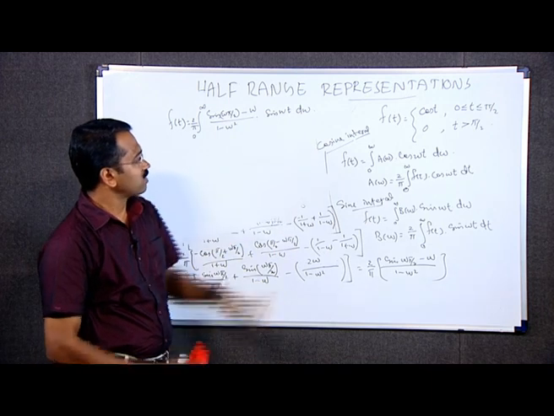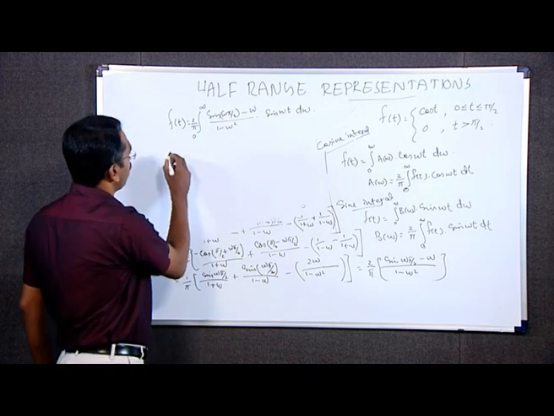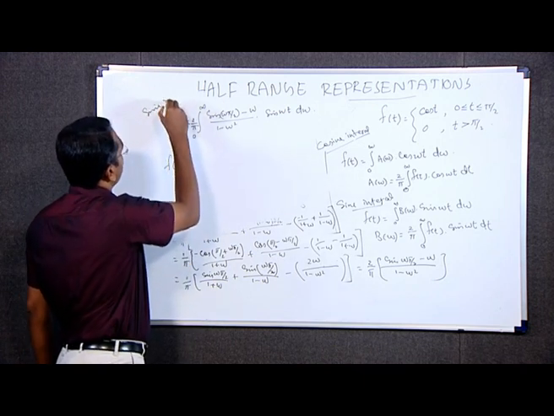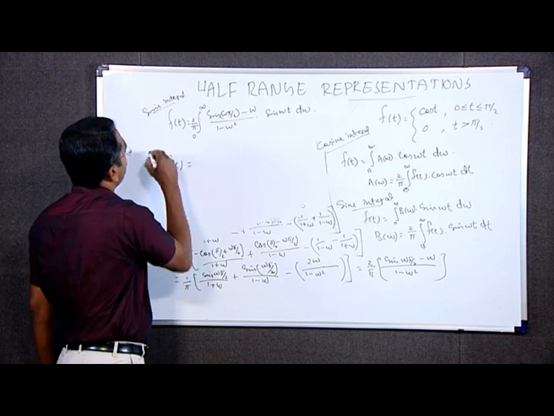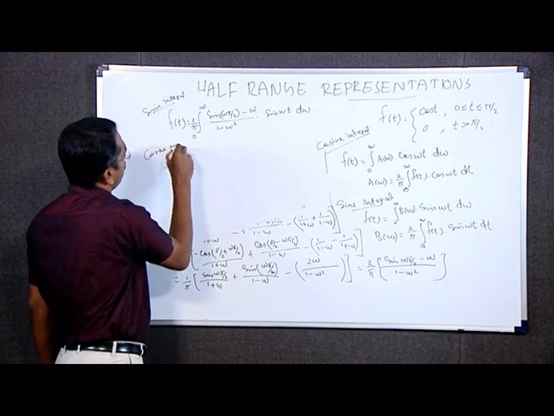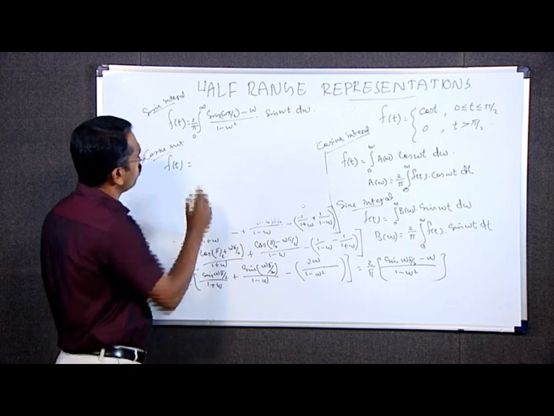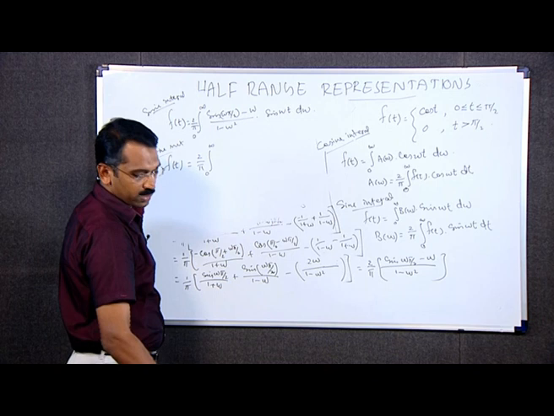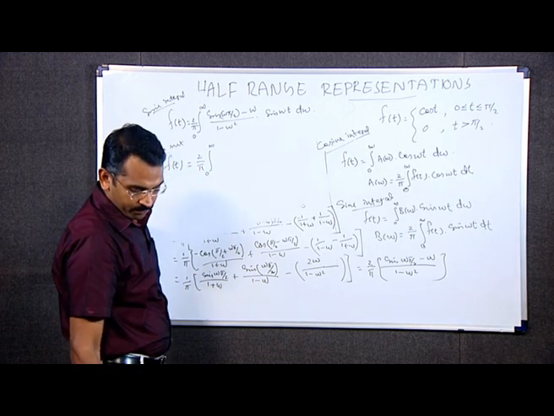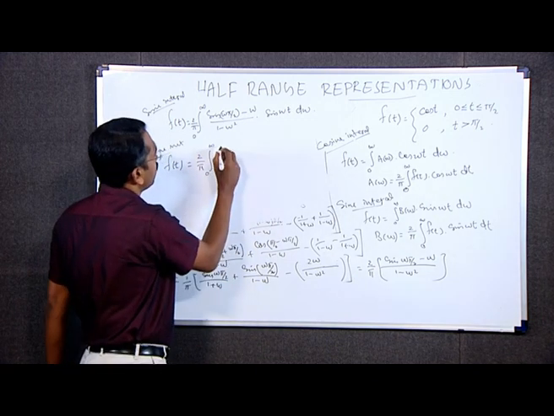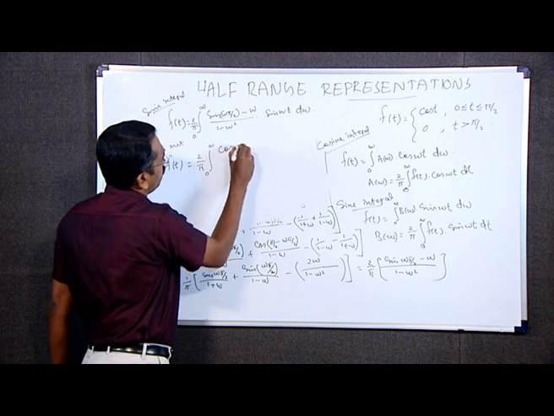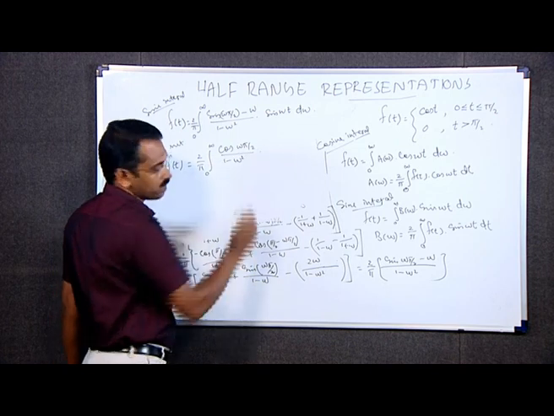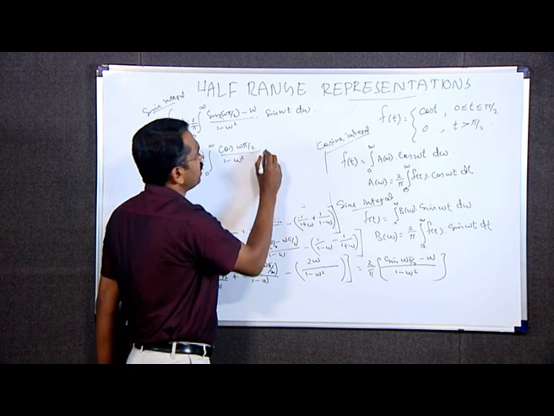We got the cosine integral as f of t equal to, this is the sine integral, and the cosine integral is f of t equal to 2 by pi into the integral from 0 to infinity cos(omega pi by 2) divided by (1 minus omega square) into cos omega t d omega.